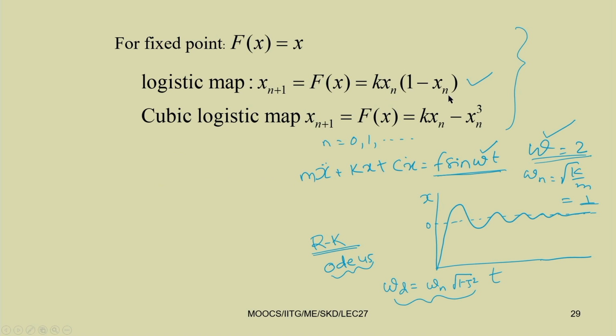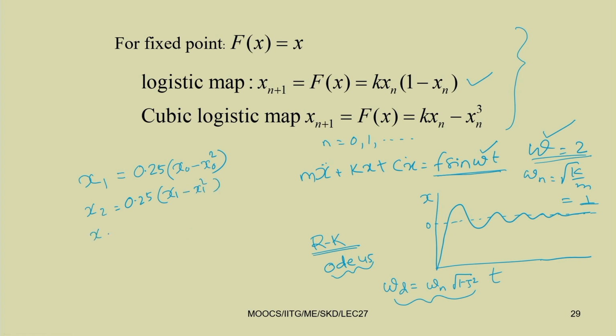For example, in case of the logistic map, x 1 will be equal to k, which we have taken 0.25, so 0.25 into x 0 minus x 0 square. Similarly, x 2 will be equal to 0.25 into x 1 minus x 1 square, taking the previous point.